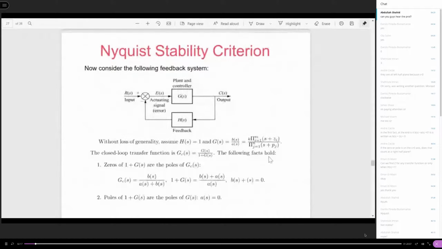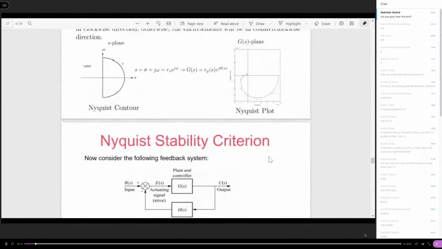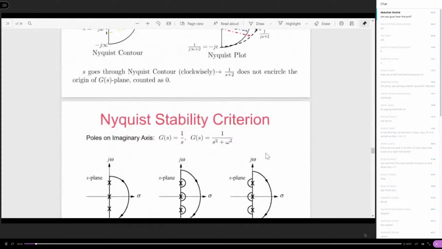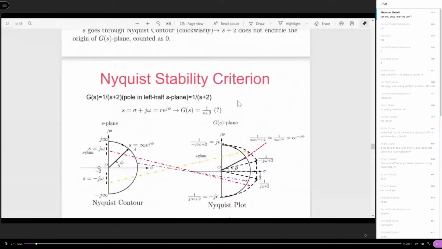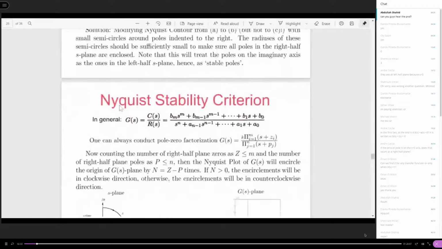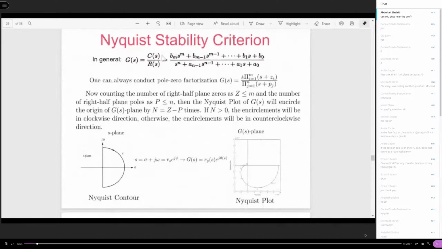This was just the evaluation of a single pole and a single zero. Now we're going to move to the general case. Let's say I have a transfer function G of S in general format.